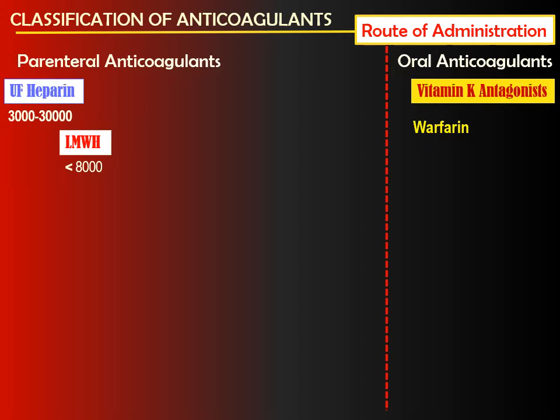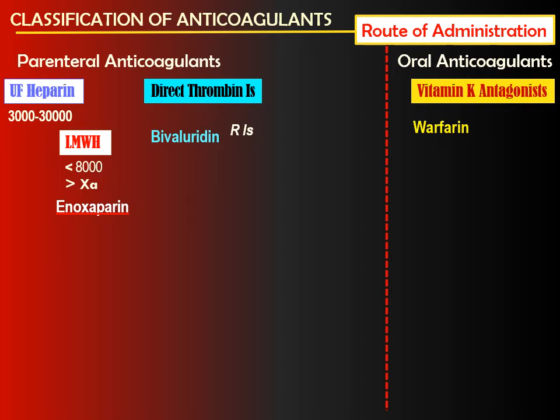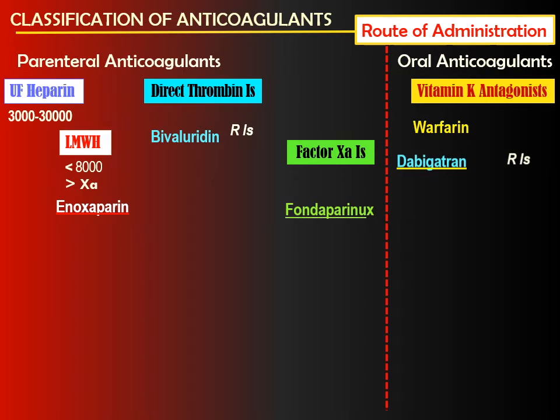Low molecular weight heparin, the enoxaparin, is given subcutaneously or IV, and the direct thrombin inhibitors, including the bivalirudin, which is a reversible inhibitor, are given parenterally. However, the direct thrombin inhibitor, dabigatran, is also reversible but is given orally. Factor 10A inhibitor, the fondaparinux, is given parenterally, and the direct inhibitor, rivaroxaban, is given orally.